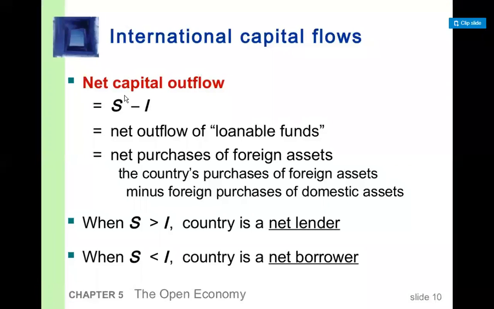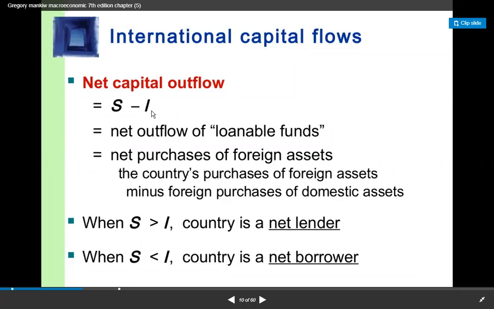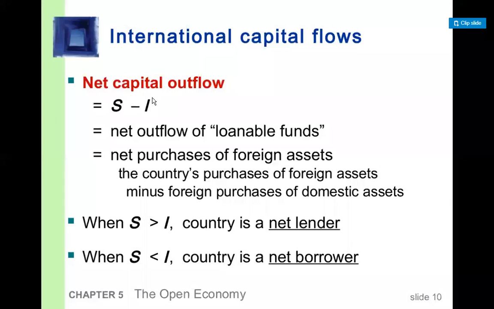If the other option, if the local interest rate is greater than the global interest rate, then local capital बाहर नहीं जाएगा, बल्कि foreign capital local country में आएगा.